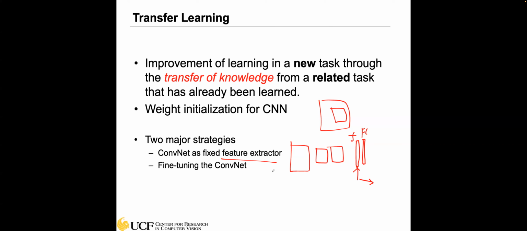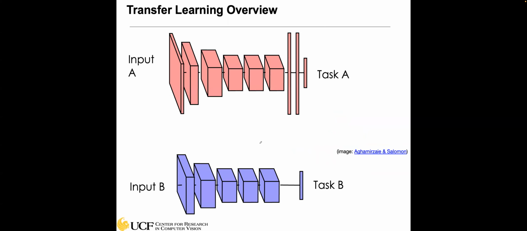Another strategy is we want to do some fine tuning, okay? So here is what I mean, for these two different categories. So this is the input, let's say this is ImageNet, right? Input is the ImageNet data set, and we are doing ImageNet classification, okay? So that's the task A. And for this network, we've trained on ImageNet.